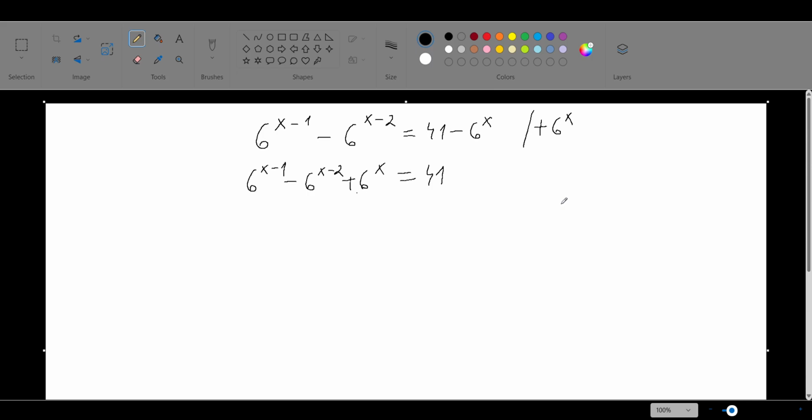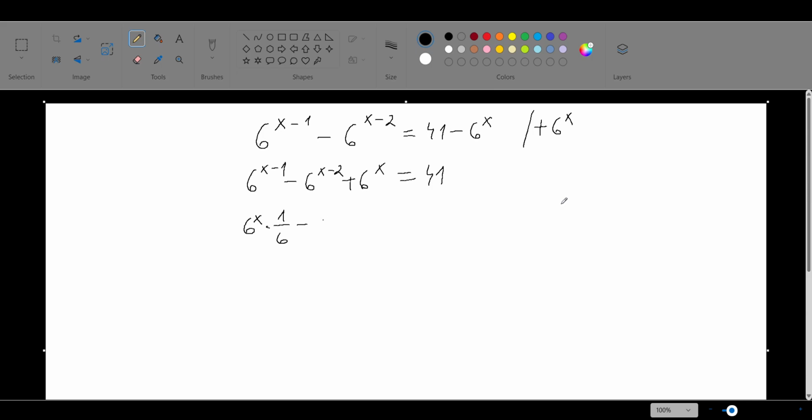the expression on the left side of the equation, and as we can see, each term can be written, the first one as 6 to the power of x, and now times 6 to the power of negative 1, but as we already know, 6 to the power of negative 1 can be written as 1 over 6.